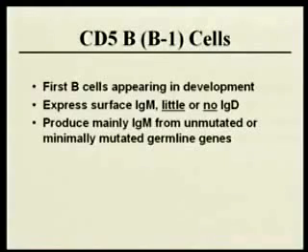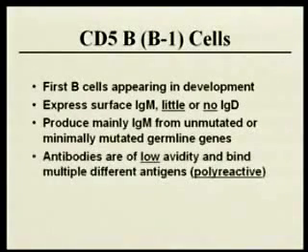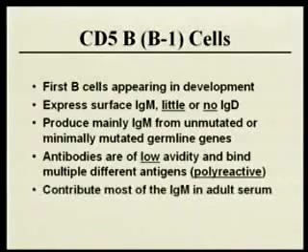They produce mainly IgM from unmutated or minimally mutated germline, so the diversity of the types of antibodies they produce is less. These antibodies have low avidity, and they can bind multiple different antigens, so they're polyreactive. So they're very different from the conventional B cells, and the antibodies they produce are also very different. And these contribute most of the IgM in the adult serum.